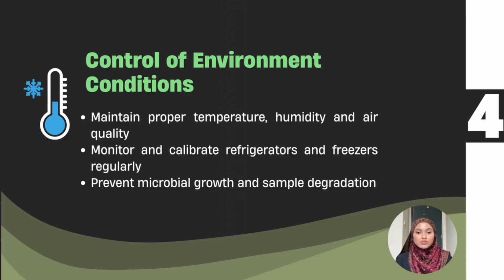Overall, by controlling these environmental conditions, we can effectively prevent microbial growth and sample degradation. This helps to maintain sample integrity and ensure that the data obtained from laboratory analysis is reliable, accurate, and scientifically valid.